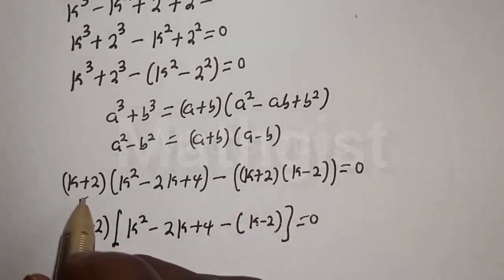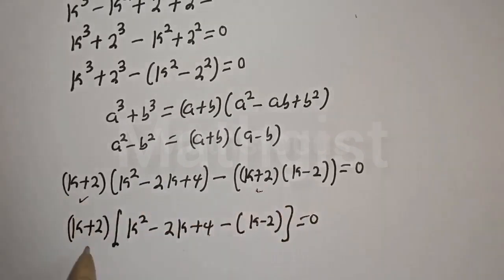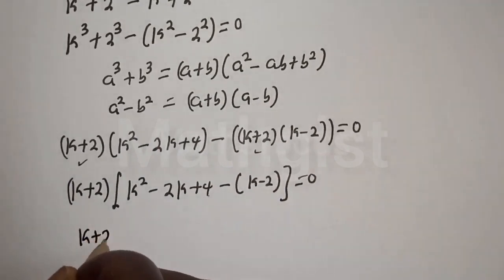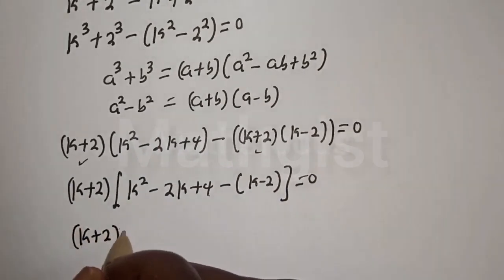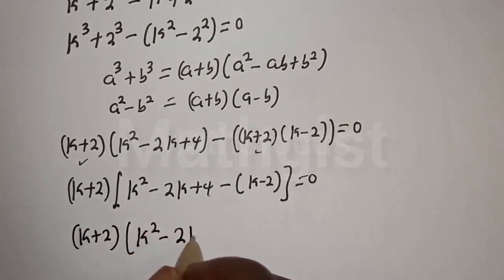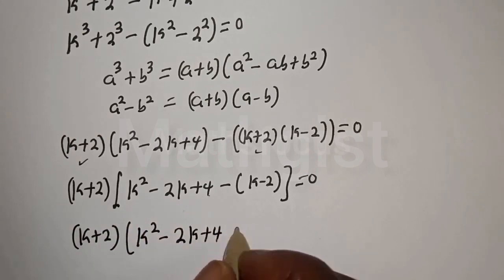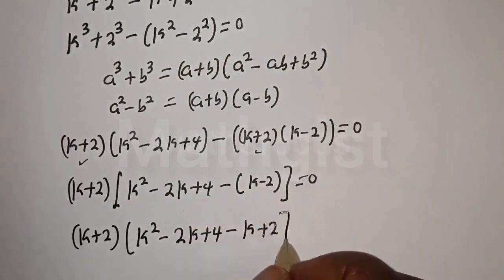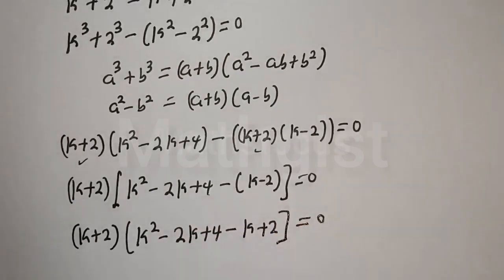Because here k plus 2 is common, that's why we bring it out. Then here is k plus 2 bracket k squared minus 2k plus 4 minus k, minus times minus 2, that is plus 2, is equal to 0.